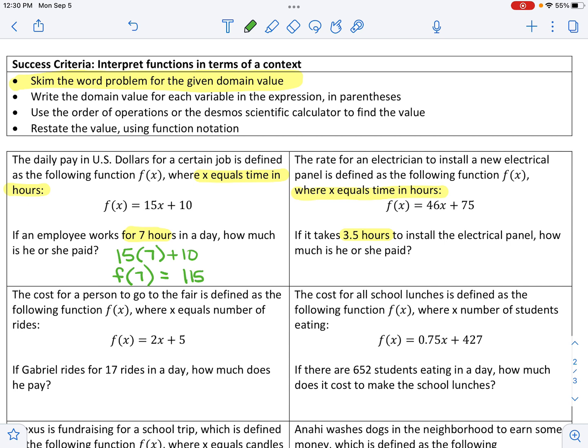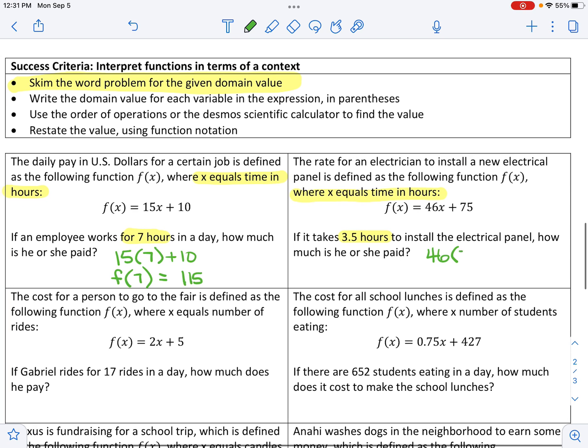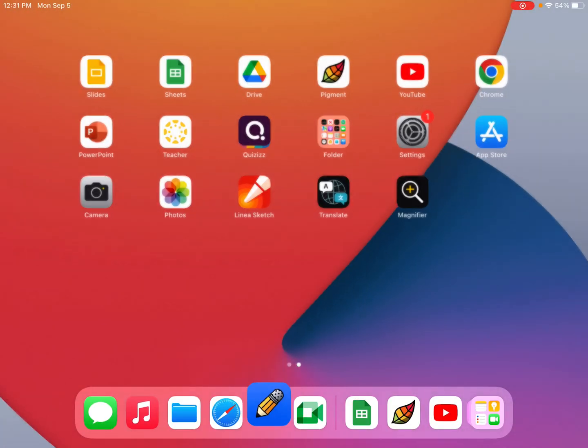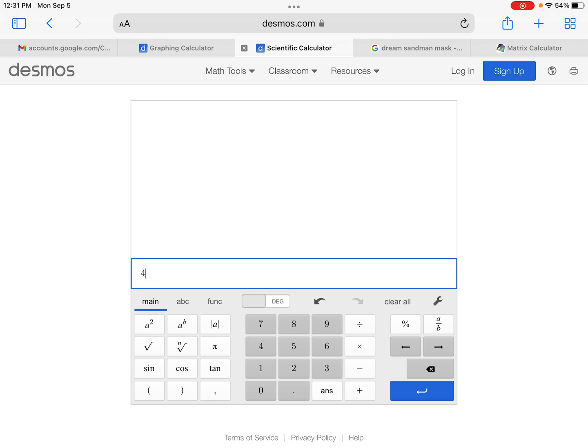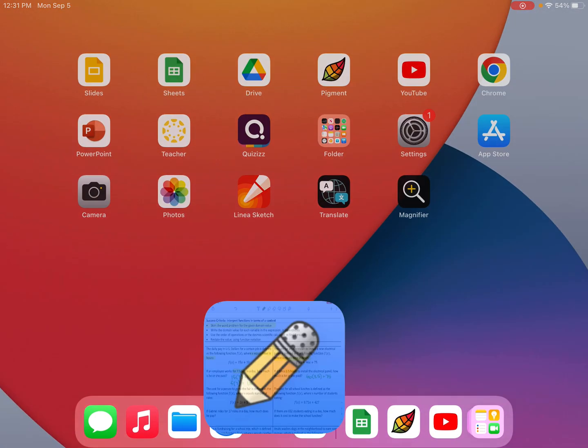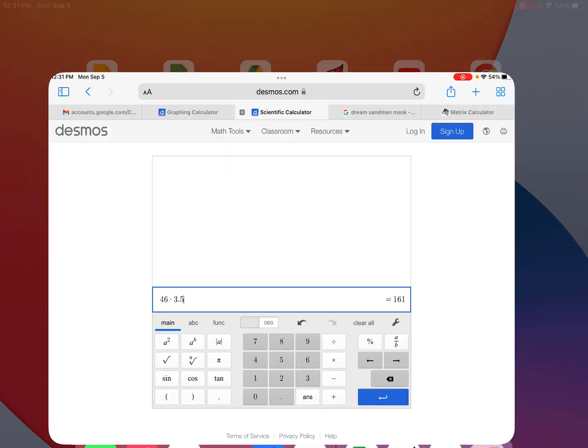So what do we do? We take our 46, we put our 3.5 inside our parentheses, and then we add 75, and we type this into Desmos. 46 times 3.5, plus 75.